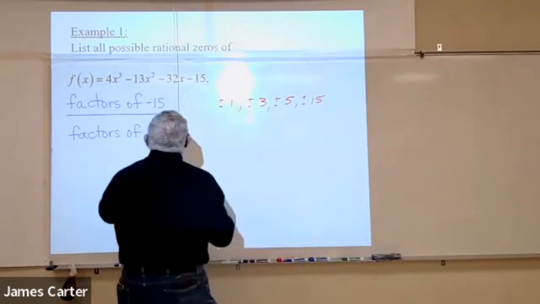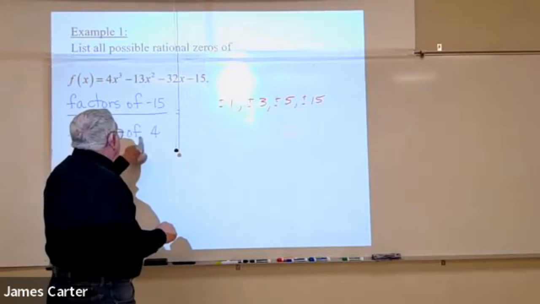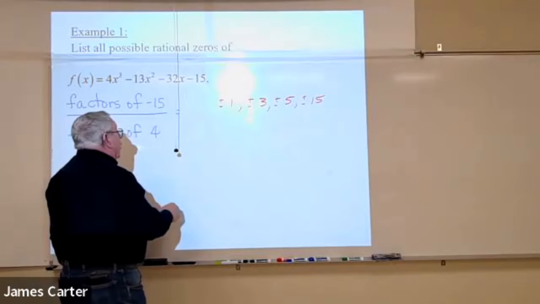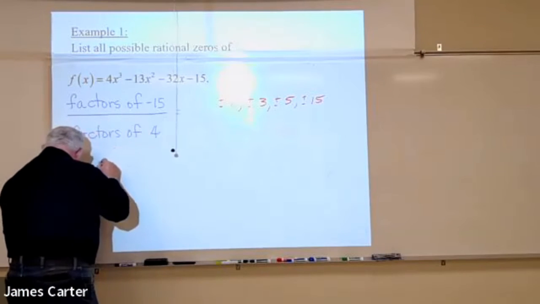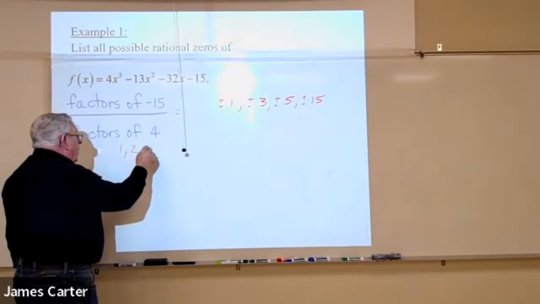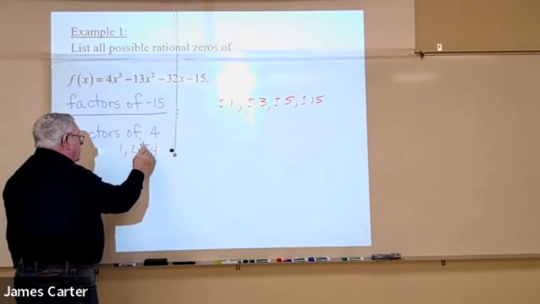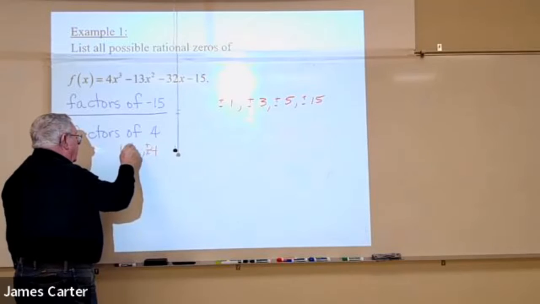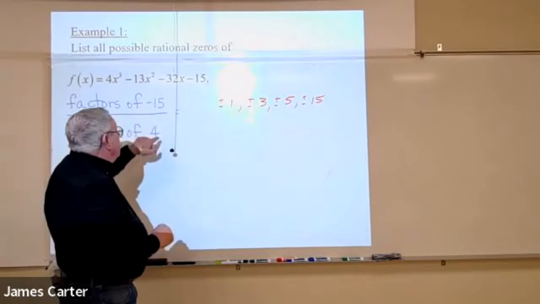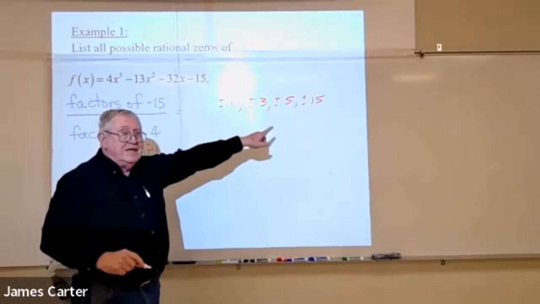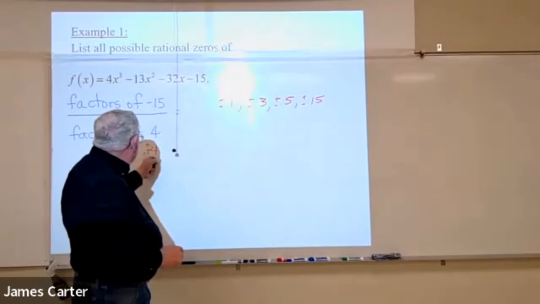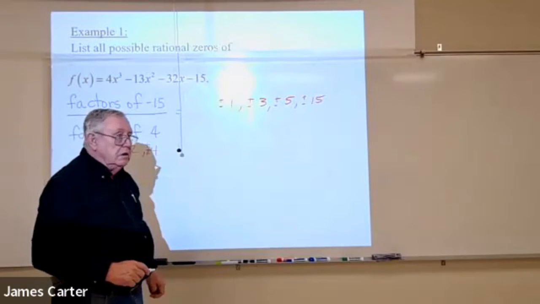Now, where this comes in, the factors of 4 are, I'm going to write them under here for now, 1, 2, and 4, plus or minus. What this means is we have to take these and make the fractions with these different denominators.